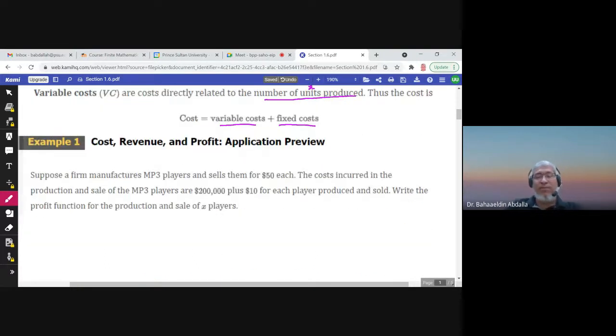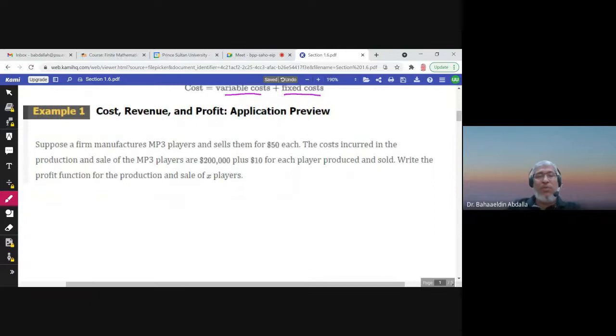For example, suppose a firm manufactures MP3 players and sells them for $50 each. So now from here, we can write the revenue function.